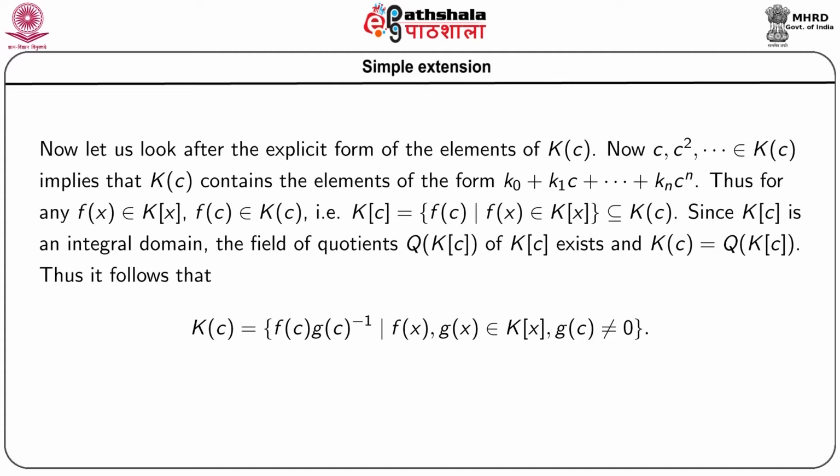This is actually f(c), where f(x) is a polynomial in K[x], that is K[c] is equal to the set of all f(c), where f(x) is a polynomial over K, which becomes a subset of the field K(c), but in general K[c] is an integral domain, not a field.